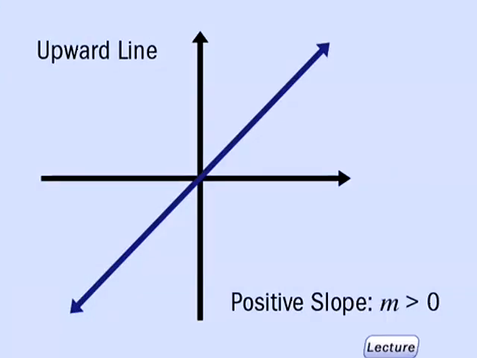Let's now review the appearance of lines with certain slopes. If a line has a positive slope, if m is greater than 0, as you move from left to right, the line moves upward, or we say we have an upward line.